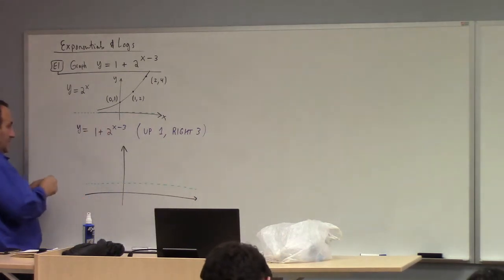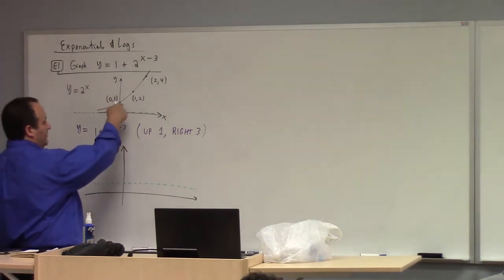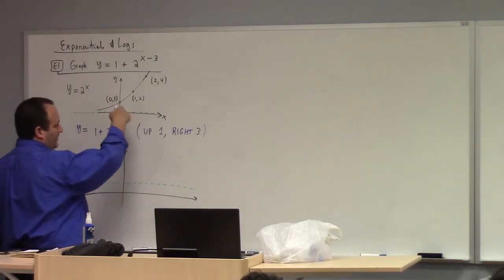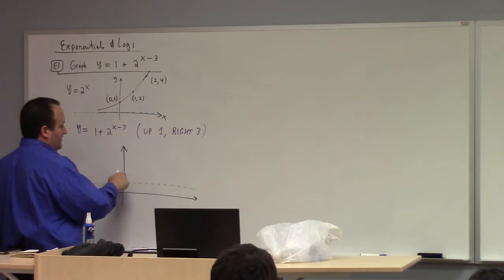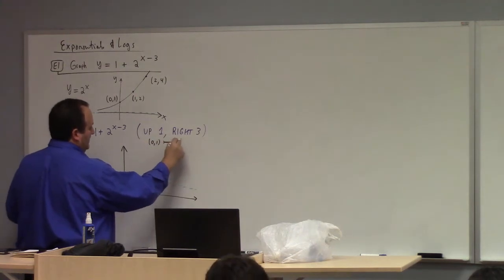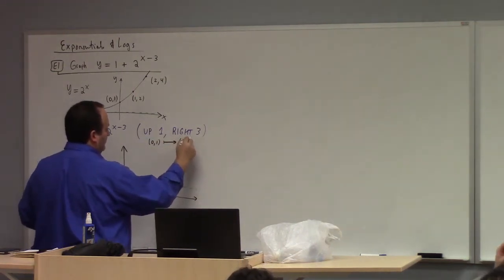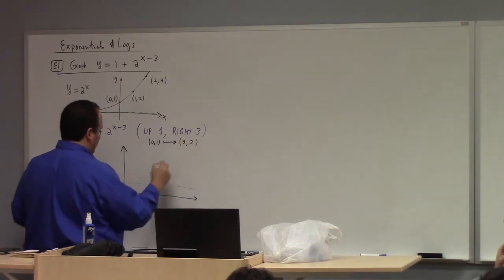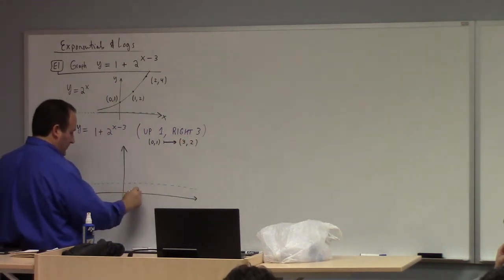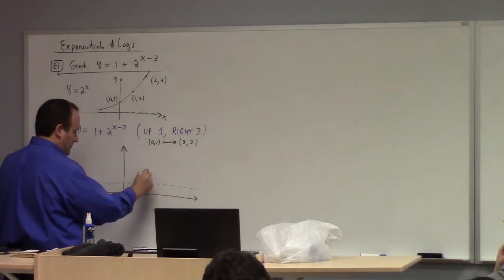Right? And let's see here. The y-intercept point, I'm going up 1 and over 3, so it shifts from (0, 1) to (3, 2), yeah? So 1, 2, 3, so like there.